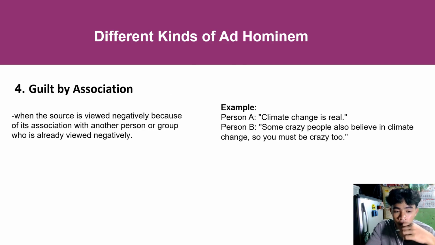So the next is guilt by association. This is when the source is viewed negatively because of its associations with another person or group who is already viewed negatively. Example, person A, climate change is real. And person B answers, some crazy people also believe in climate change, so you must be crazy too.